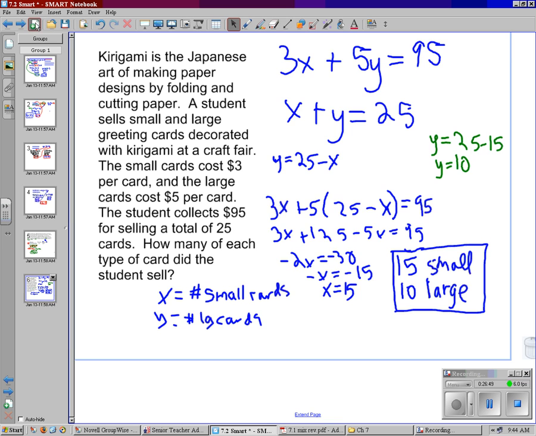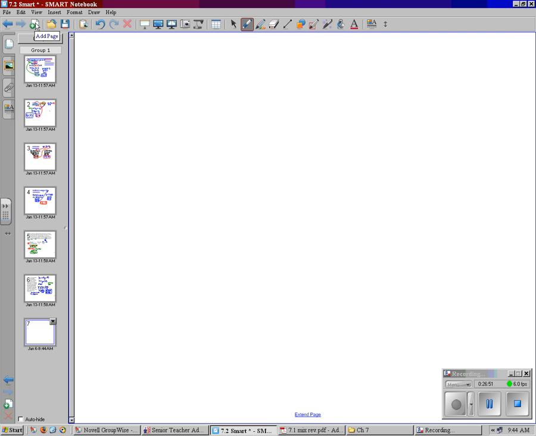Okay, I'm going to put up a new screen. I have X plus Y equals 25, and the other equation is 3X plus 5Y equals 95.